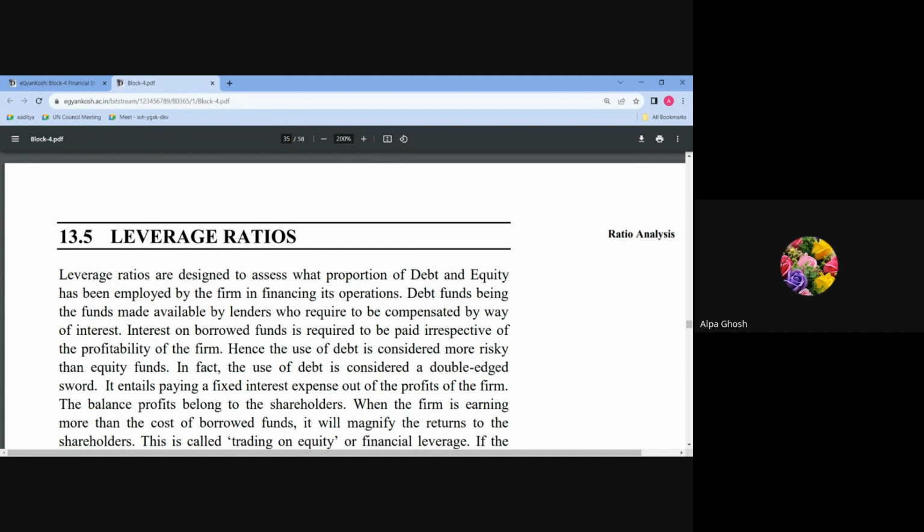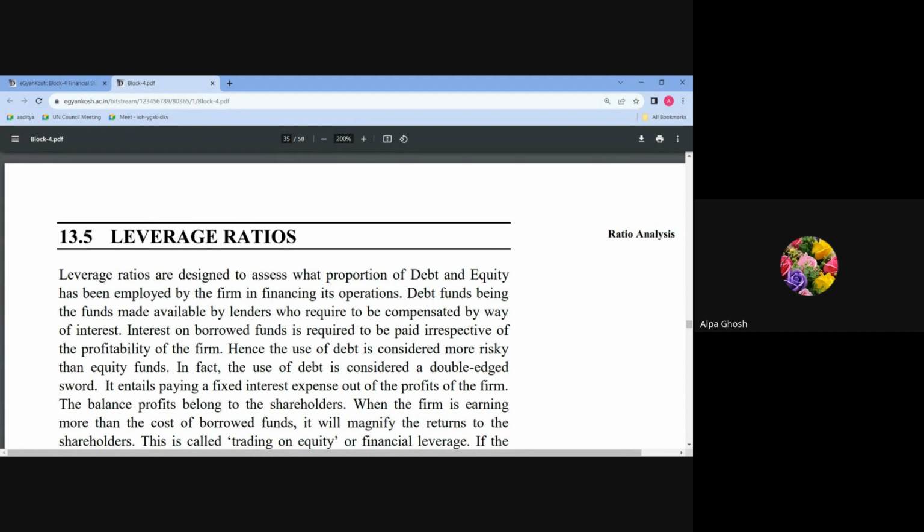Even if there is a continuous loss in the organization, this payment of interest is an additional burden in the company's financial structure, because already there is a loss, and again you have to pay a huge amount in the form of interest, and this amount is paid out of additional borrowings.